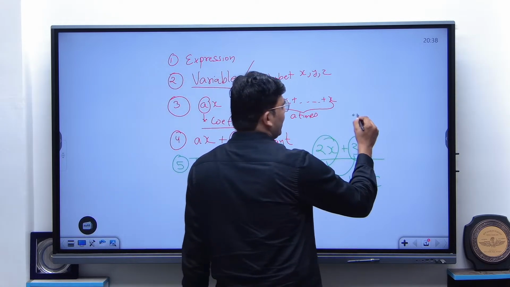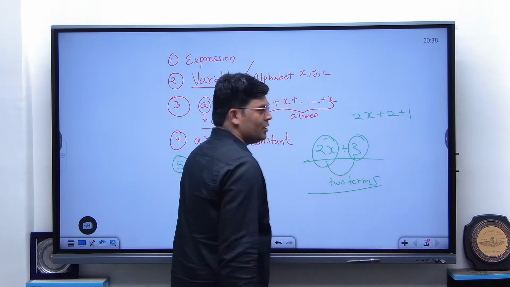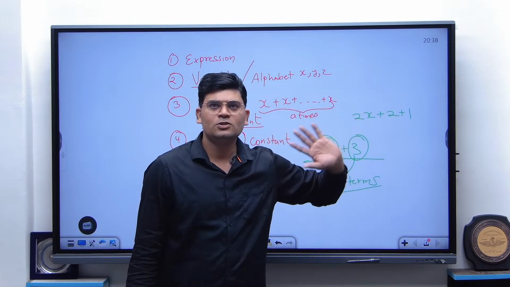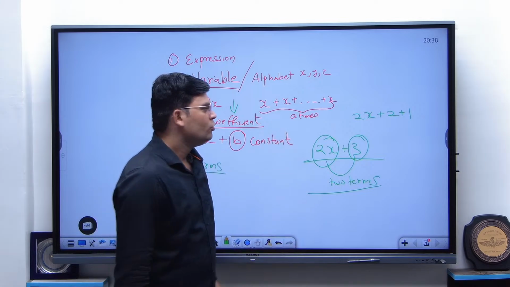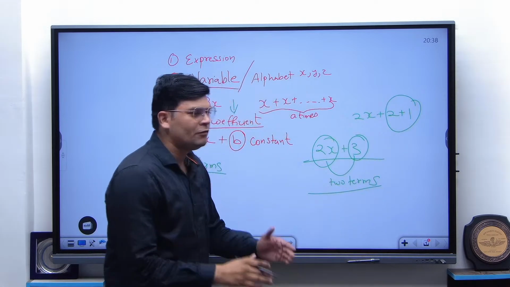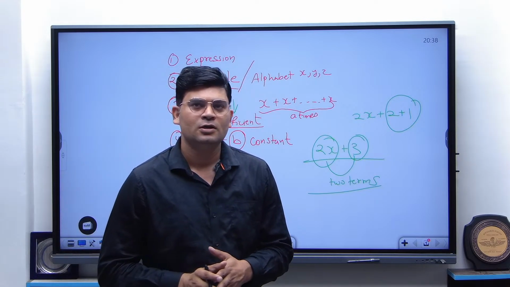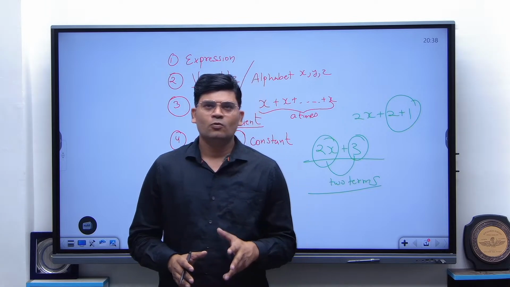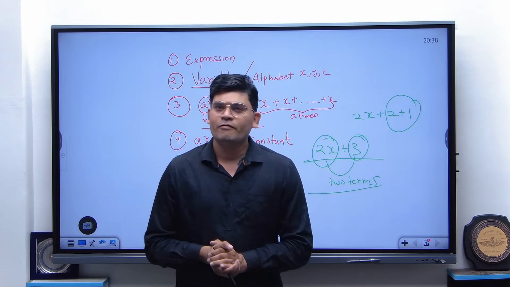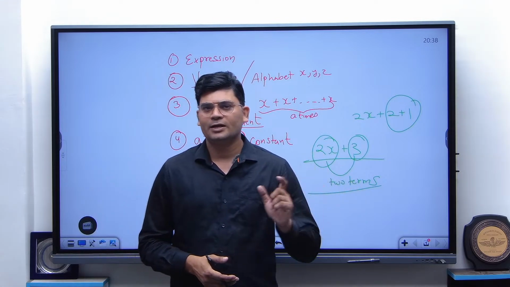A person can write 2x plus 3 as 2x plus 2 plus 1, and counter that it has 3 terms. But it does not have 3 terms, because 2 and 1 are like terms, so they will be added. Whenever somebody asks you to count the number of terms, you count only unlike terms. All the like terms you just add or subtract to conclude your answer.